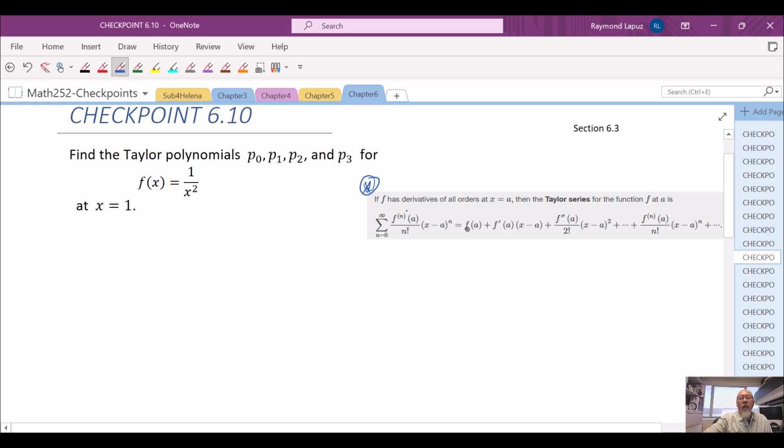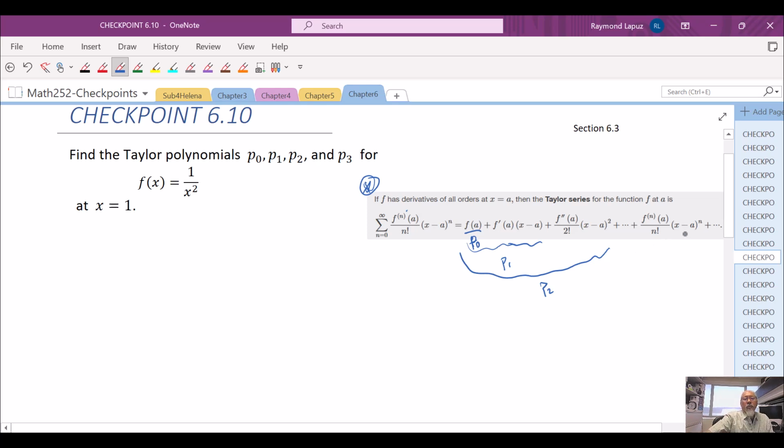So we have the constant term p sub 0, and then the linear term, that's p sub 1, and then the quadratic term p sub 2, etc. So we want to go to p sub 3.